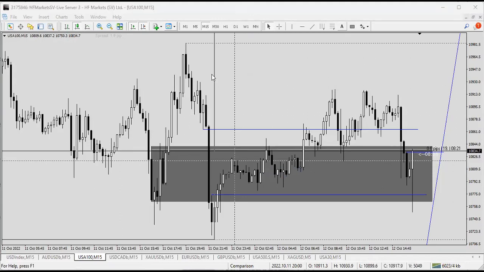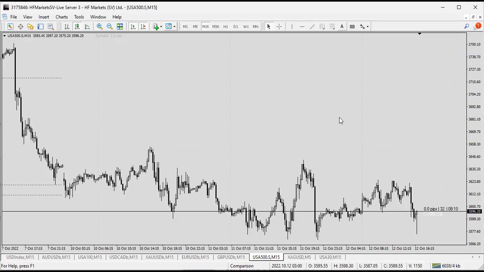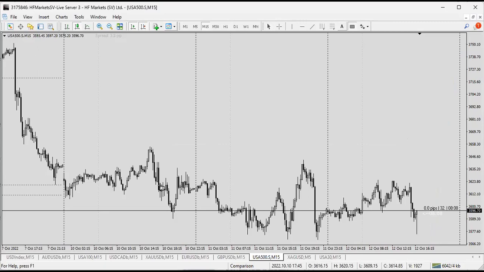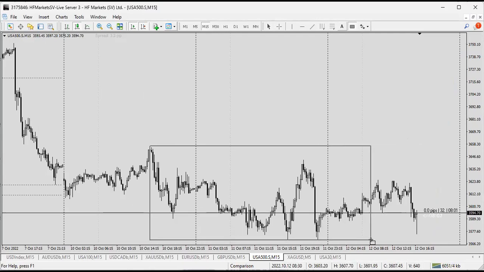Spoos week into order block at market open. Spoos is this guy here. Let's look at that.